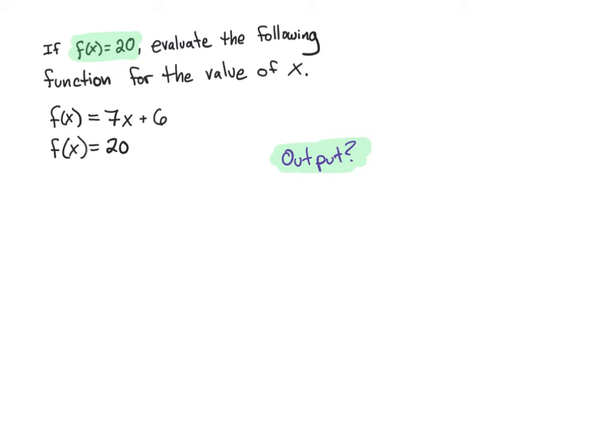The process when you've been given an output is different. So, first I take my original expression, which was 7x plus 6, and I set it equal to the output given by the problem, which in this case is 20. Now I solve for x.